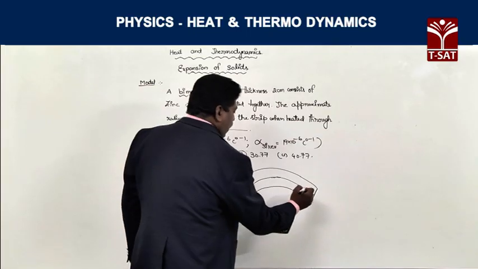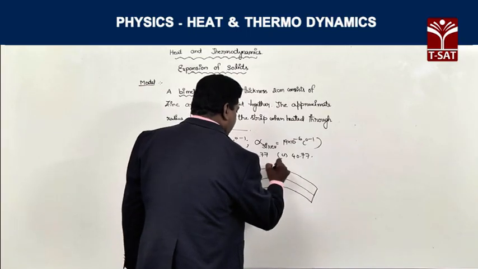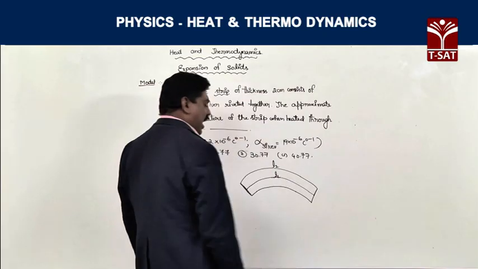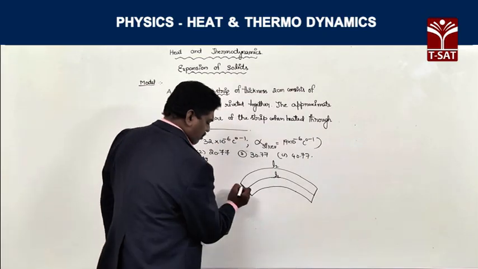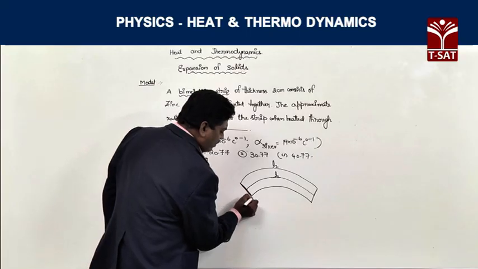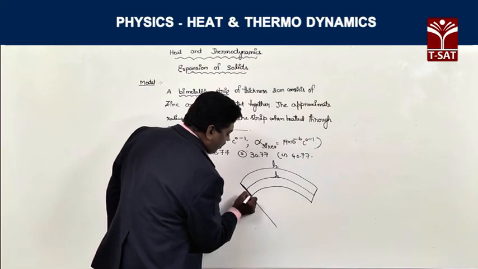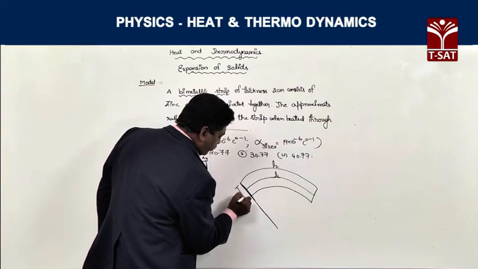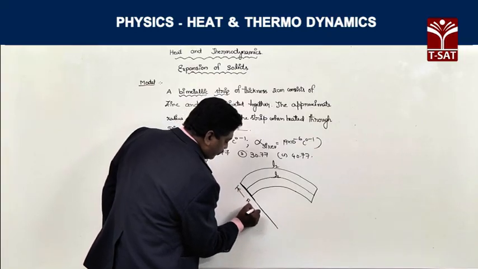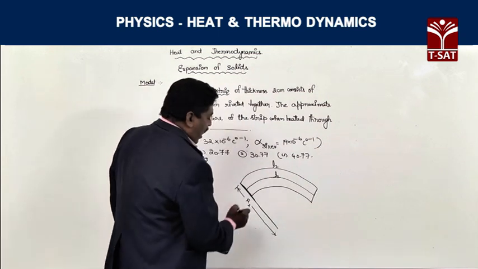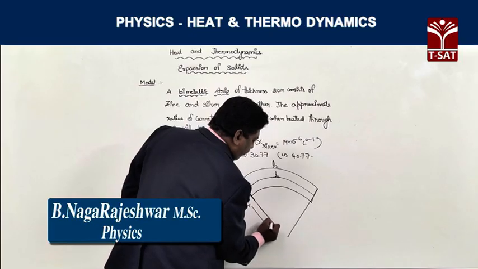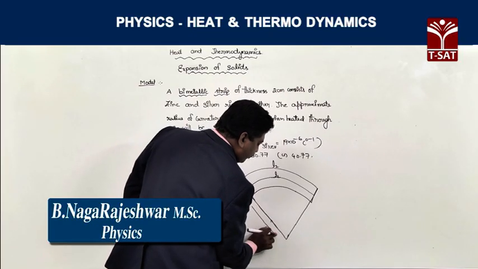Here the upper one has length L2, the lower one has length L1. The outer one has a radius of curvature R2, and the inner one has a radius of curvature R1.